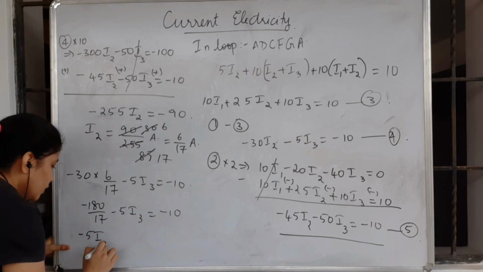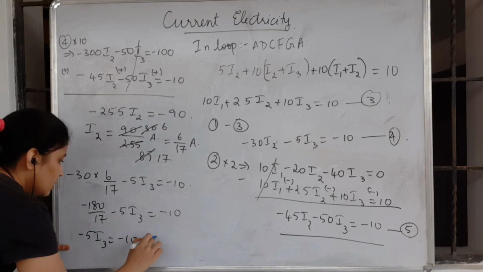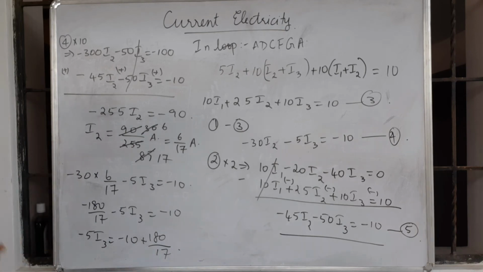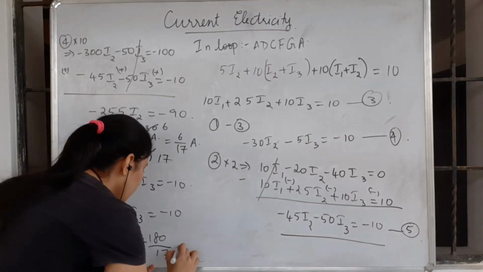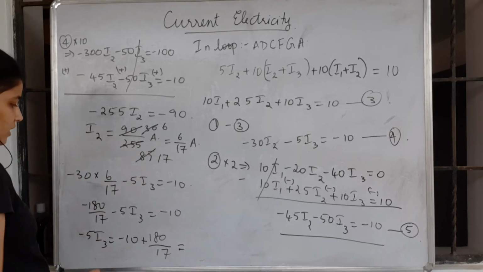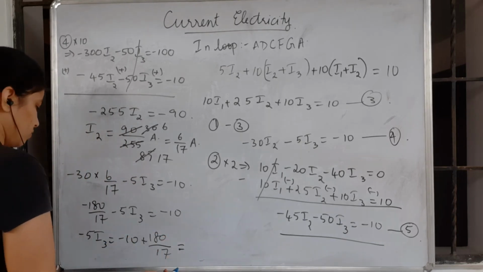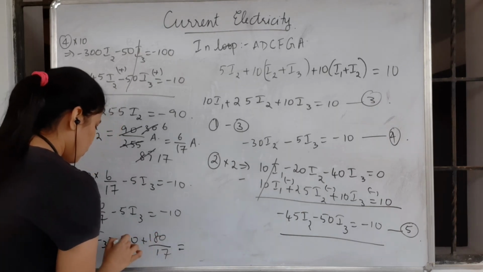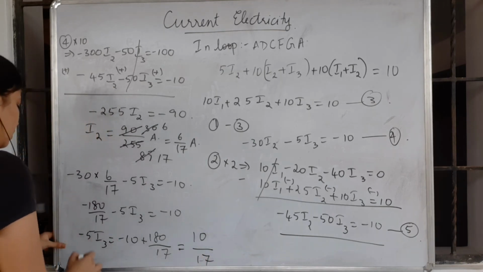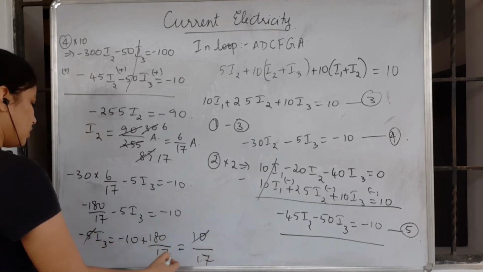Minus 5I3 is equal to minus 10 plus 180 by 17. So this will be equal to minus 170 plus 180, so that is 10. Correct. Minus 170 plus 180, so 10 by 17.